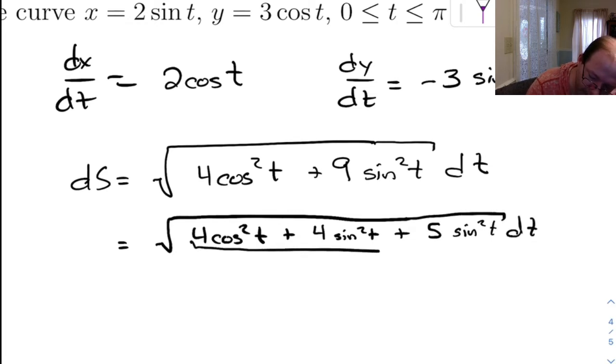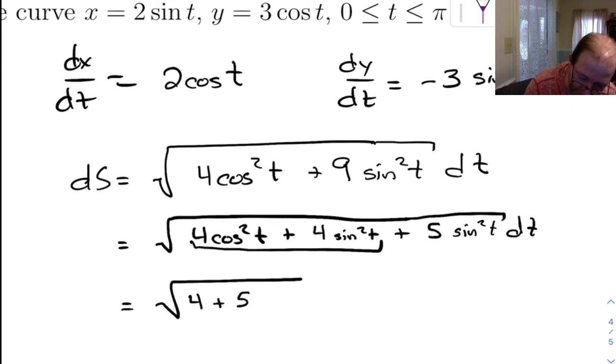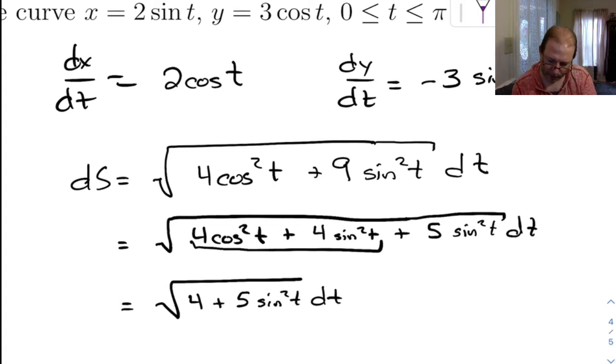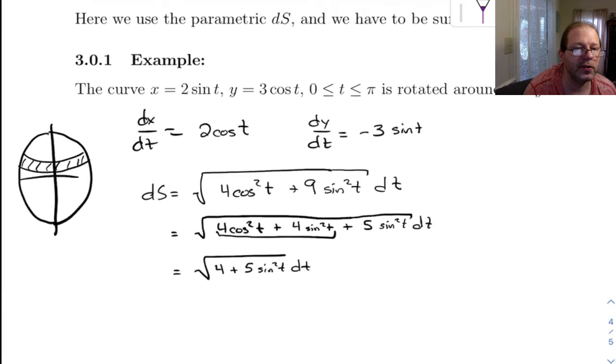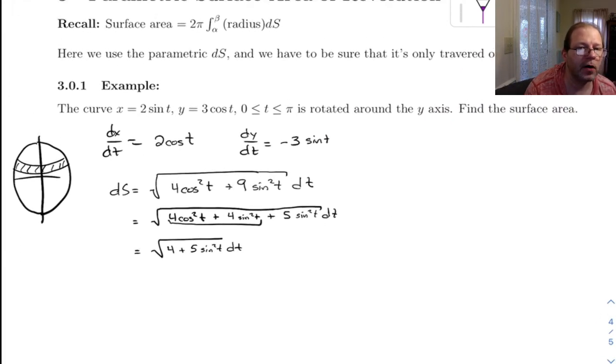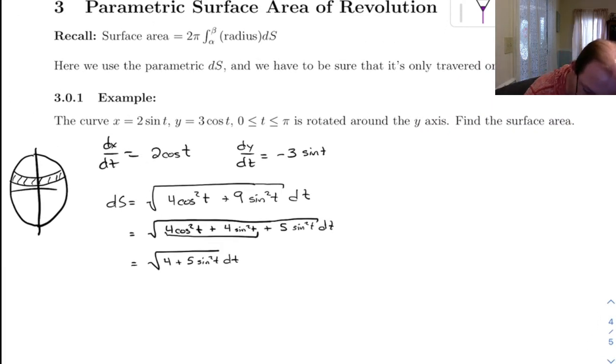And this right here is just going to become 4, because you factor that 4 out and you've got 4 times 1. So that's our ds.